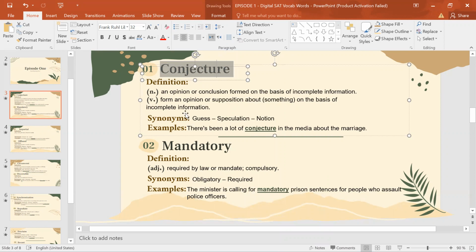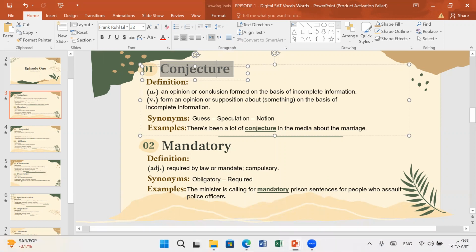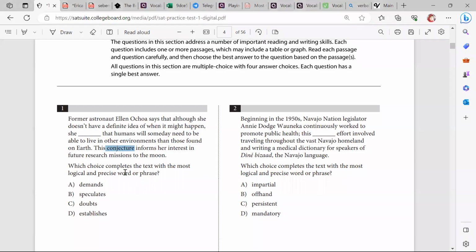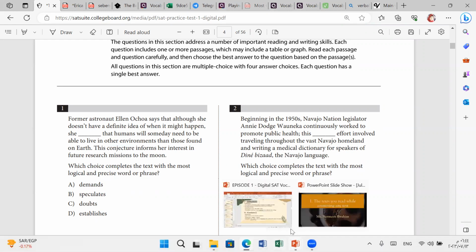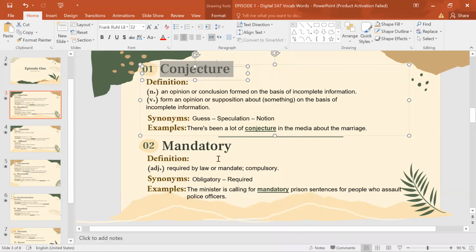Okay, so you can find this word. You will also find the words offhand, impartial, and mandatory. You can check the meaning of any of these words and put them into your copybook or your presentation the way you want.